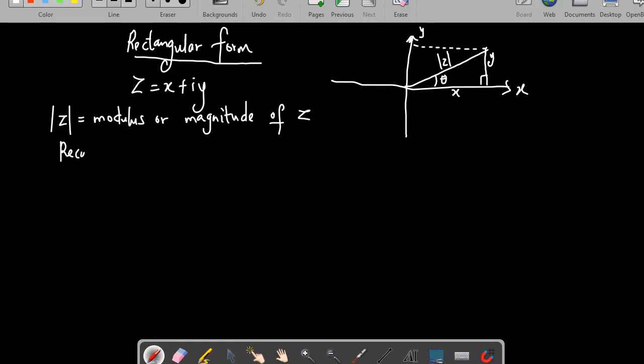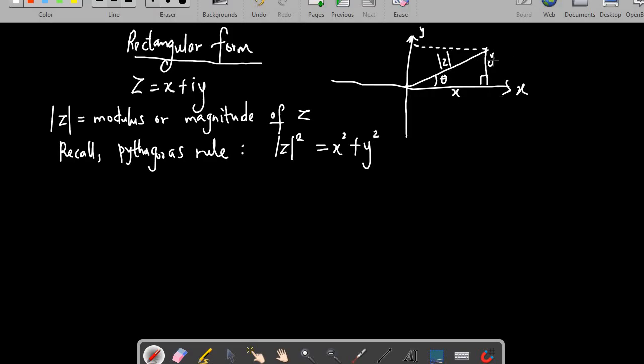Recall Pythagoras' theorem: the square of the longest side, which is the hypotenuse, or the side opposite the right angle, 90 degrees, is equal to the sum of the squares of the remaining sides. So the modulus z squared is equal to x squared plus y squared.